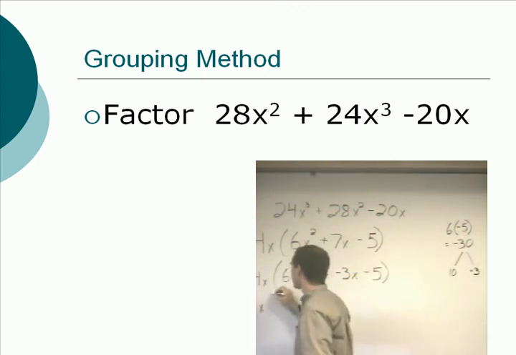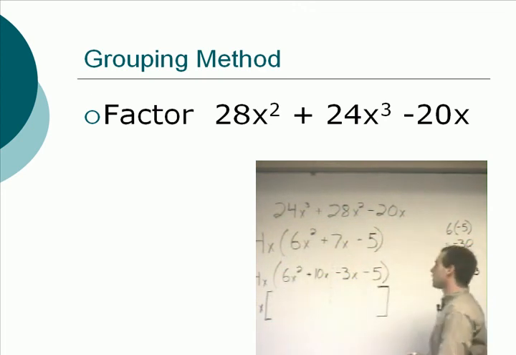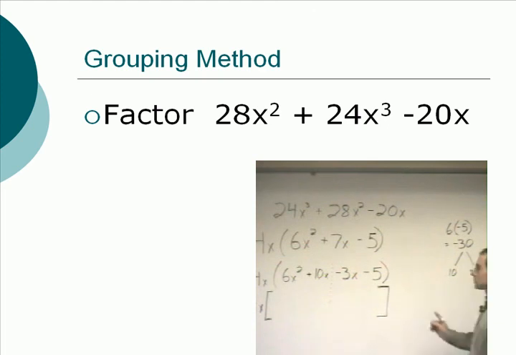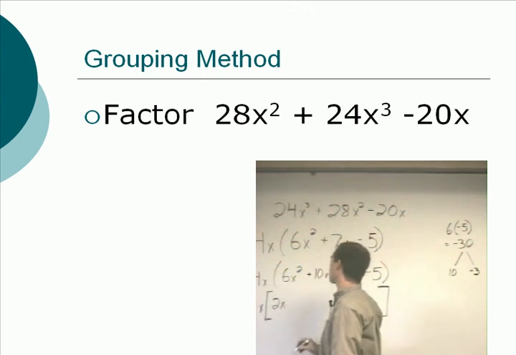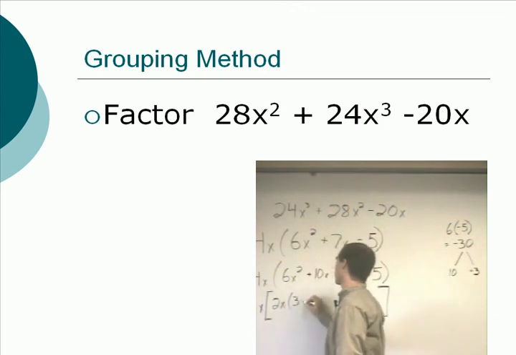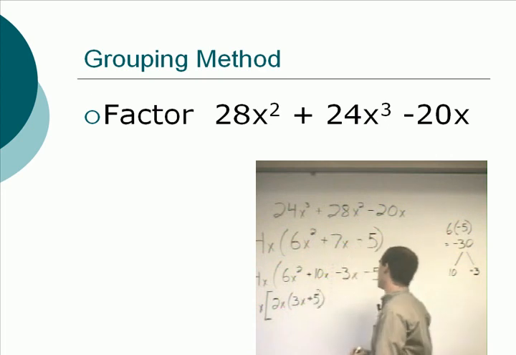We don't want it to get left behind, but I'm going to use a bracket to show what we're doing inside of here. Now 6x squared and 10x, what's your GCF for the left side? 2x. That leaves you with 3x plus 5. What about the right?